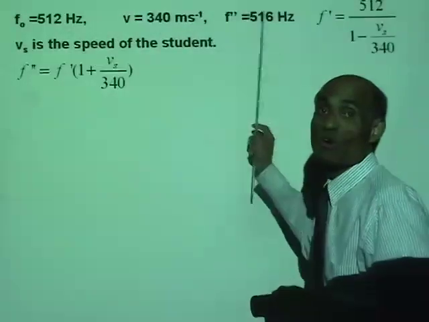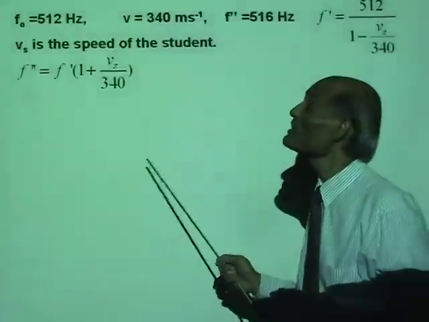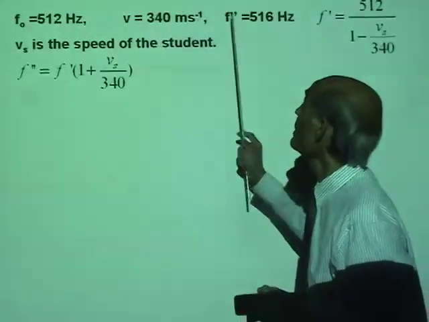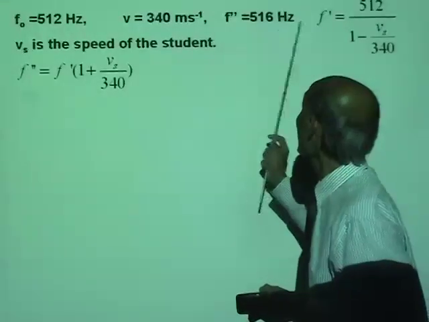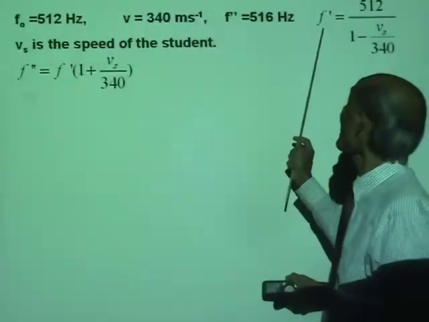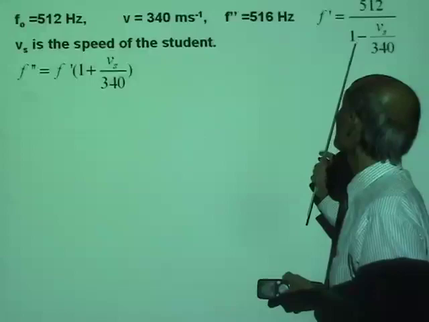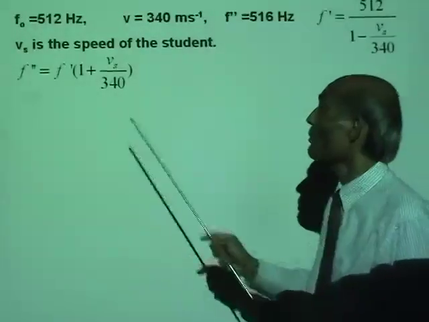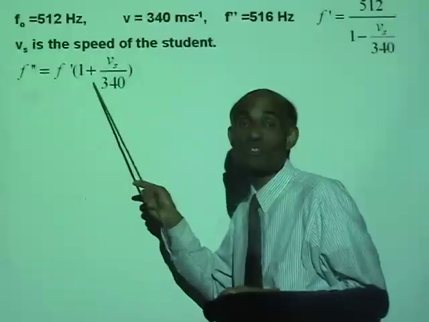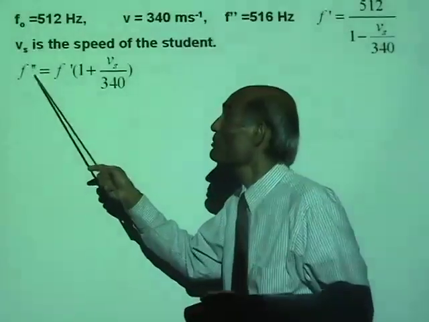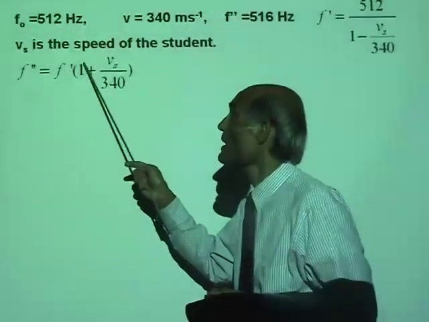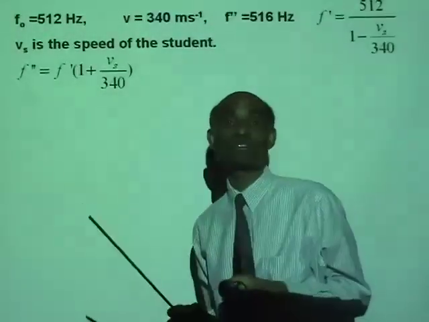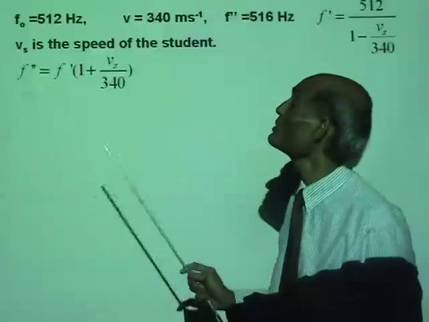Look at again, what are the things that we know? We know f0, we know V, we know f double prime, and we know f prime equal to 512 over 1 minus Vs over 340. And this is the equation we have now. F double prime equal to F prime times 1 plus Vs over 340. What do we do now?